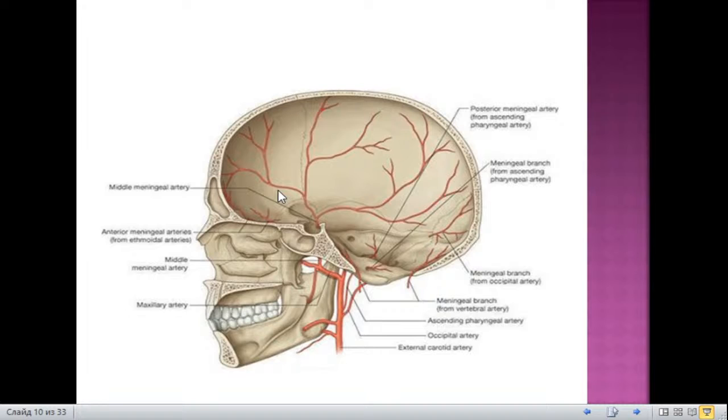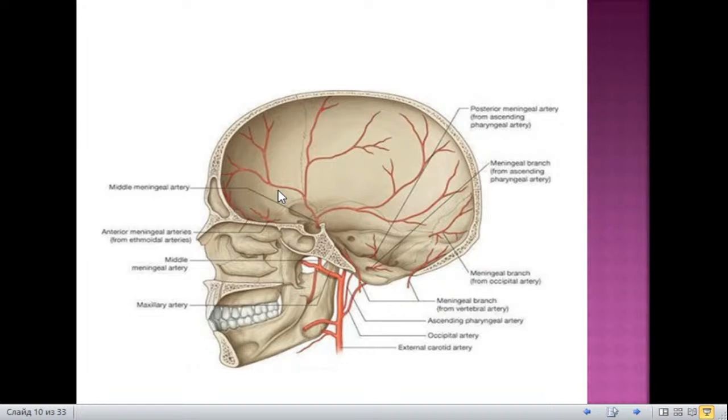Lacrimal artery, so please remember, it is the branch of ophthalmic. So it is related to system of internal carotid artery. So what happens here? We have got one more anastomosis between the external and the internal carotid artery.